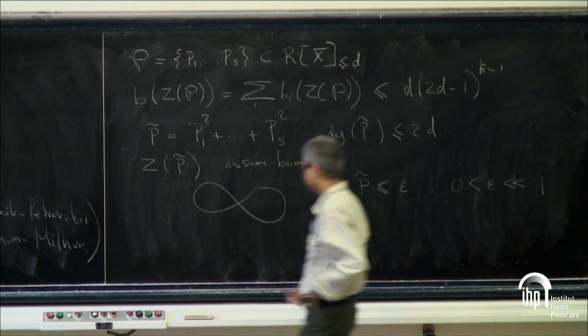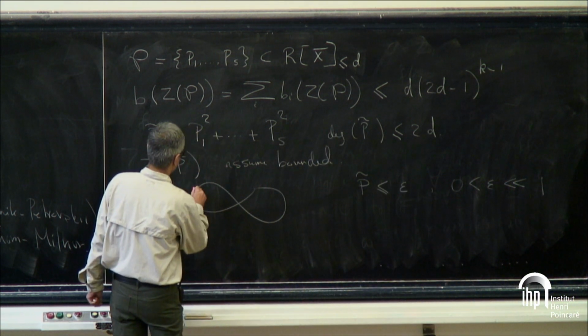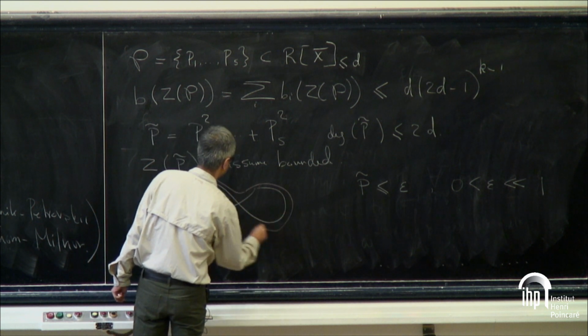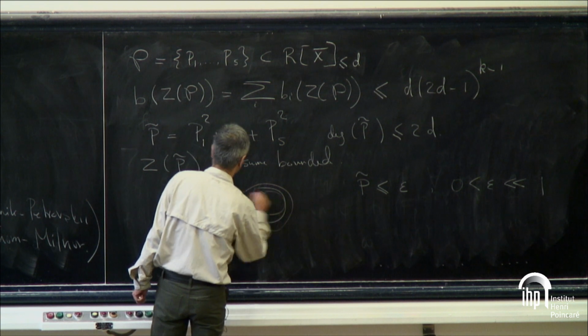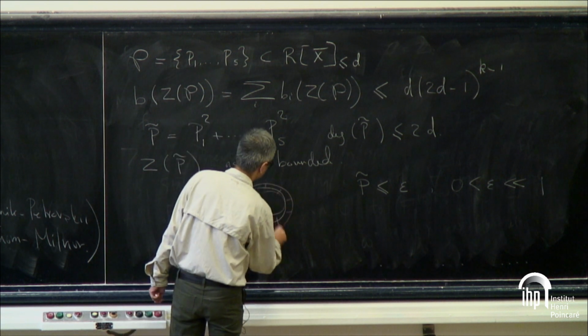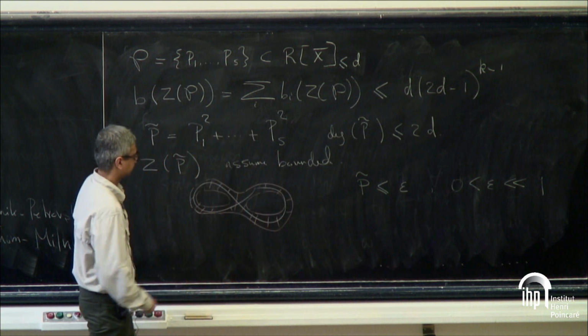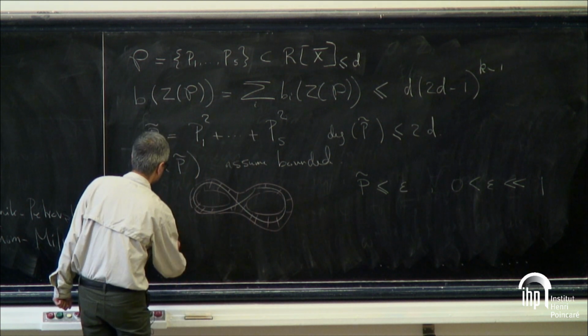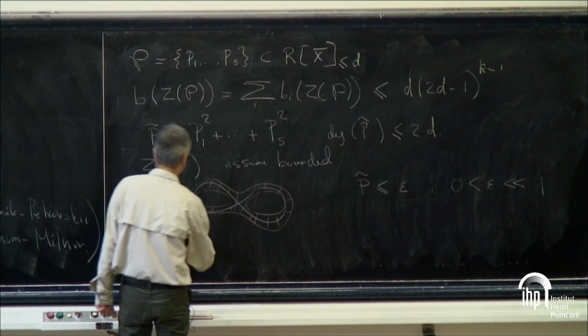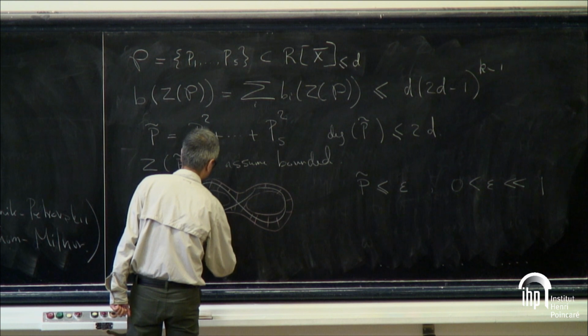So we get a tube, but this tube, let's call it T epsilon, has boundary the zero set of this polynomial, and it is smooth.